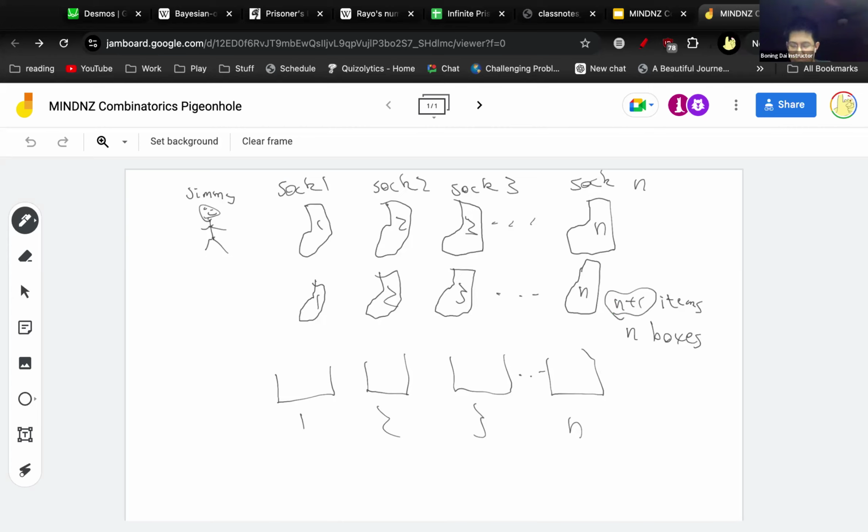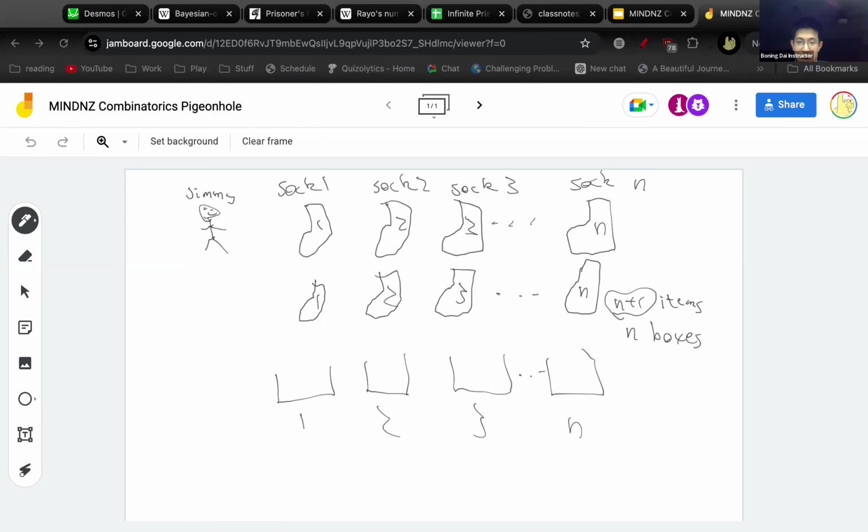So we've proven that drawing n plus 1 socks is sufficient to guarantee that there's a pair of socks in a box. But we haven't proven that n socks is impossible to get 2 socks in the same box.